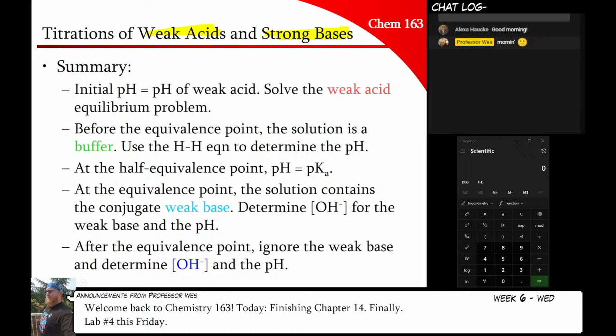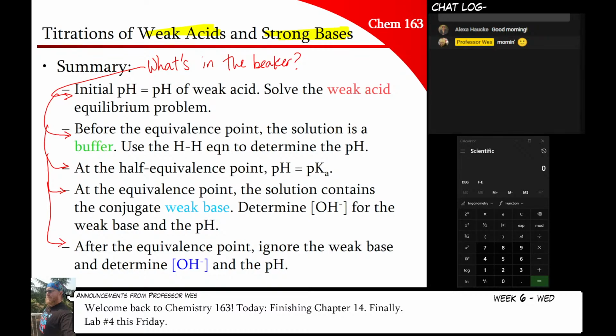So always remember for titration problems to answer the question, what's in the beaker? Because that will tell you which of these steps you are going to calculate.